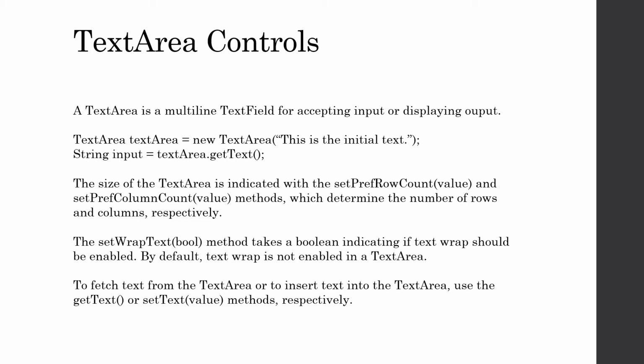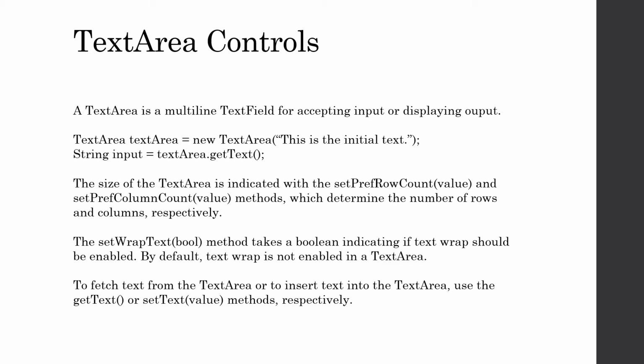Otherwise, if this is set to false or you just don't specify it, so by default it's set to false, then instead it's just going to keep going to the right. And at that point, you probably have to use a scroll bar of some kind to move back and forth. So in most cases, typically what you want to do is make sure that setWrapText is true.